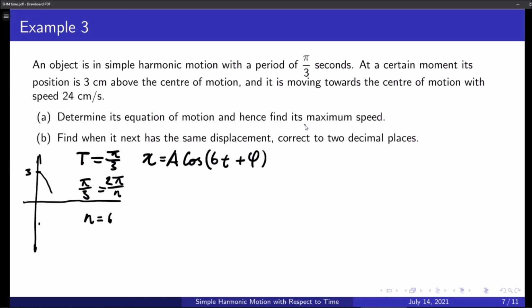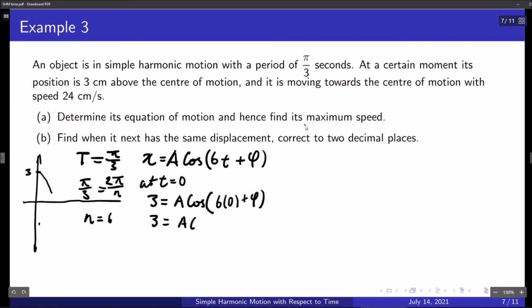And then if we plug in initial values at t equals 0, we end up with 3 equals a cosine of 0 plus phi, so 3 equals a cosine phi. Alright, that's one equation with 2 unknowns, which is not very helpful at all.